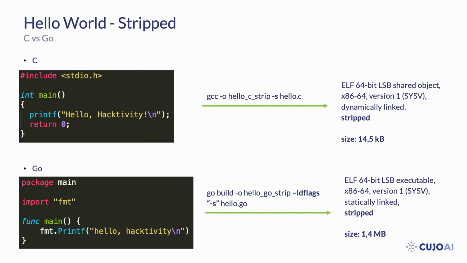So let's see the previous scenario again, but now with stripped binaries. We are using the strip -s and -ld flag parameters to strip any information from the binary. The size difference again is huge.